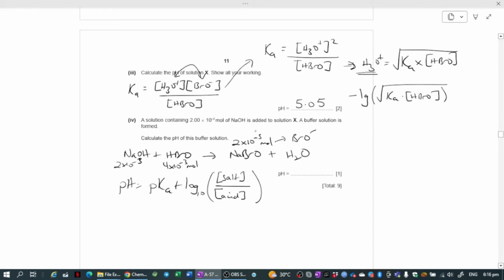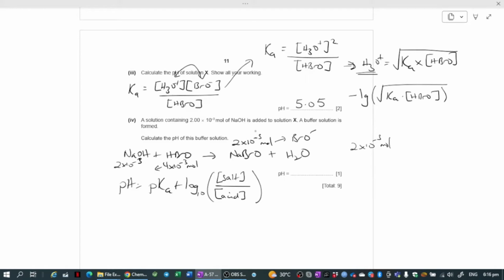It means therefore that the number of moles of acid left after the addition of the sodium hydroxide will be 4 minus 2, which is 2 by 10 to the minus 3 moles. And this is occurring in, let's assume, a constant volume of 100. Let's assume the volume is constant, so the concentration isn't severely affected.